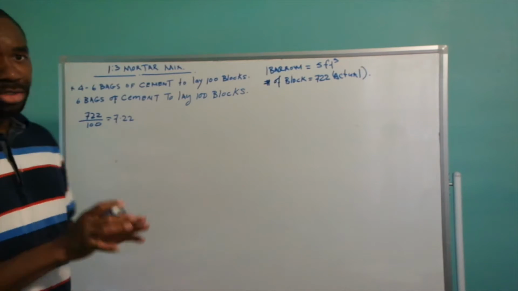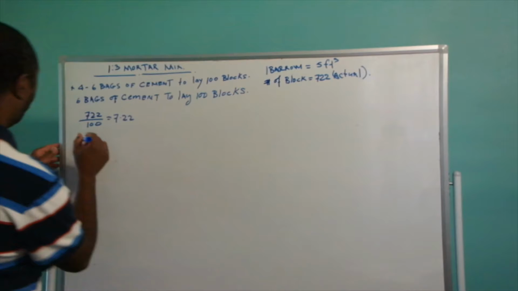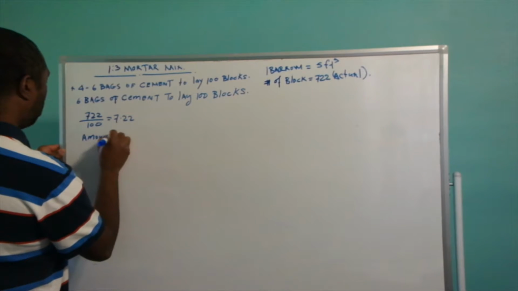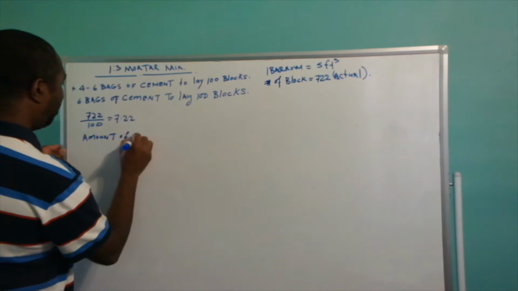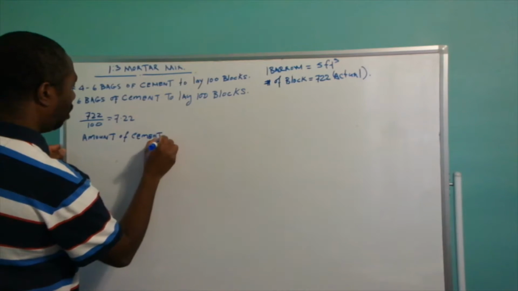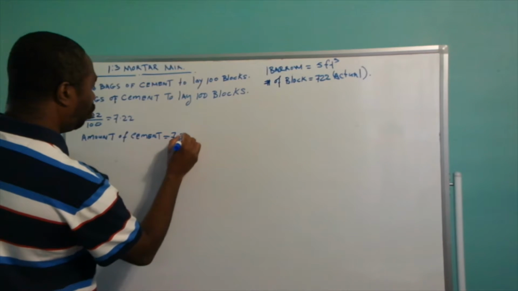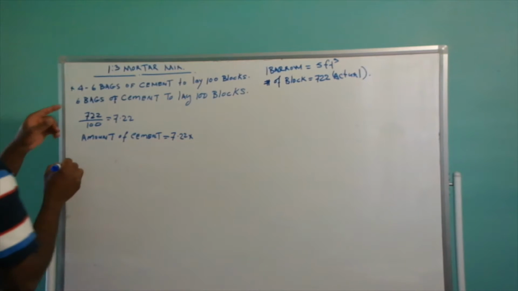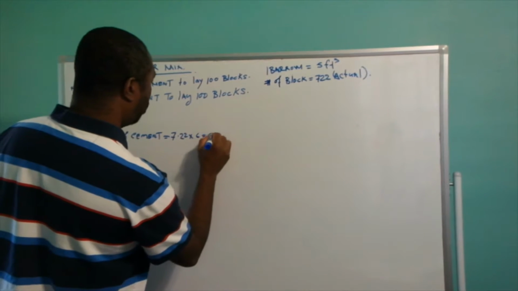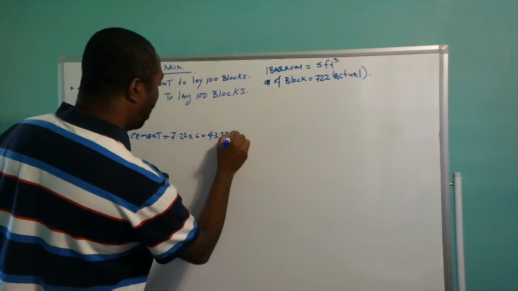In order to calculate the amount of bags of cement, the amount of cement is going to equal 7.22 times 6, and that works out to be 43.32 bags.